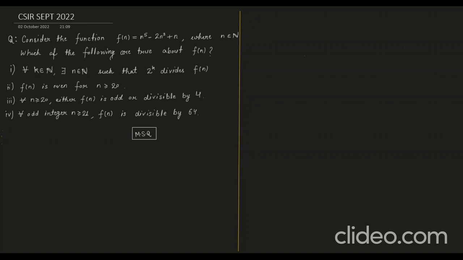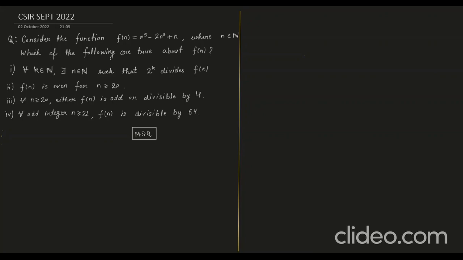The problem says that we have the function f(n) defined as n raised to 5 minus 2n cube plus n, where n belongs to N. Then we are asked about the function f(n), and the options are: for every k belongs to N, there exists n belongs to N such that 2 raised to k divides f(n).